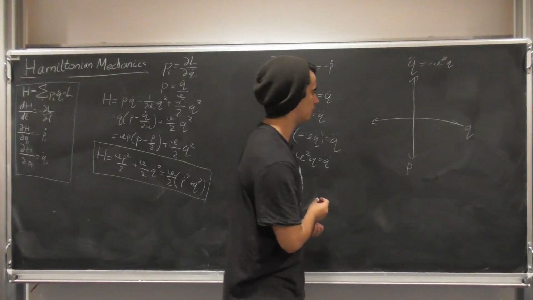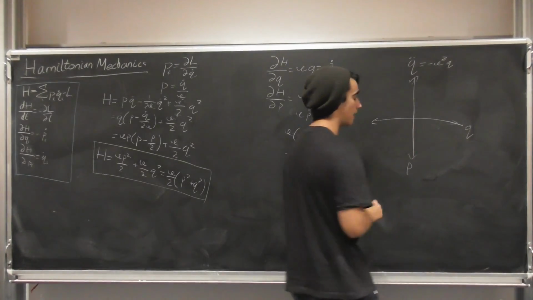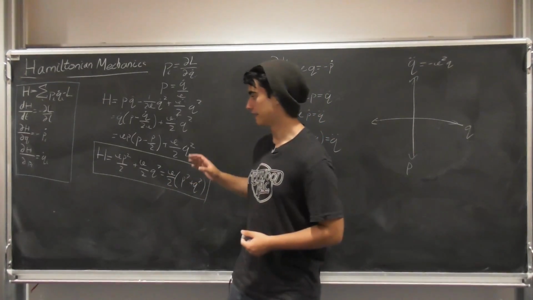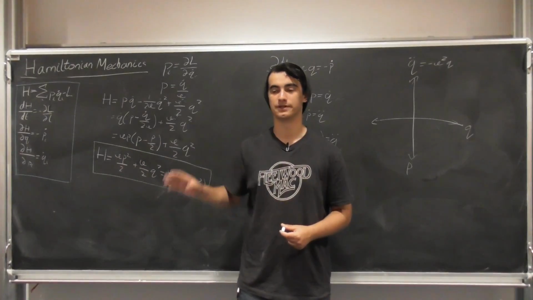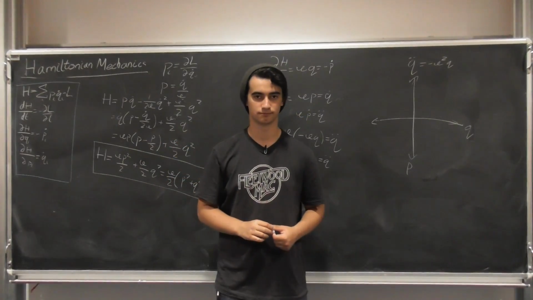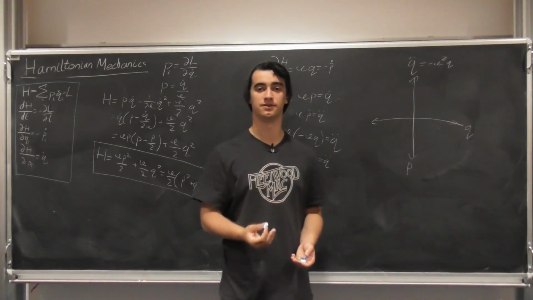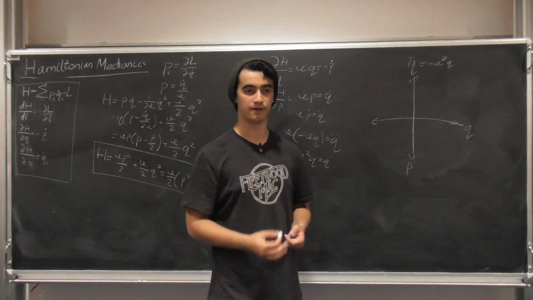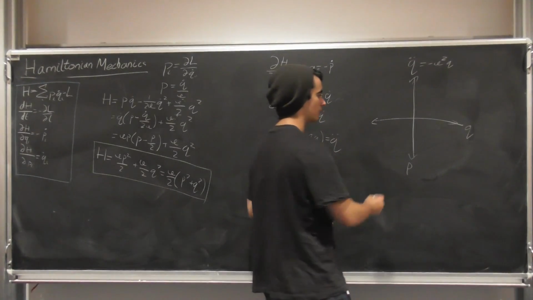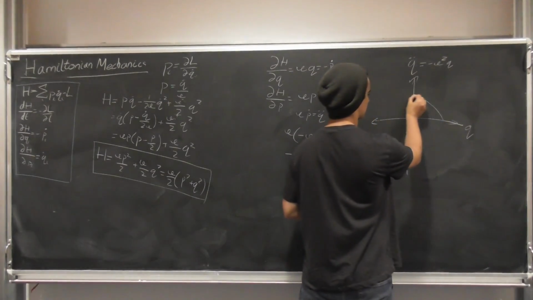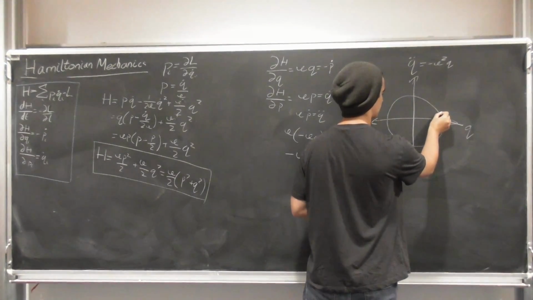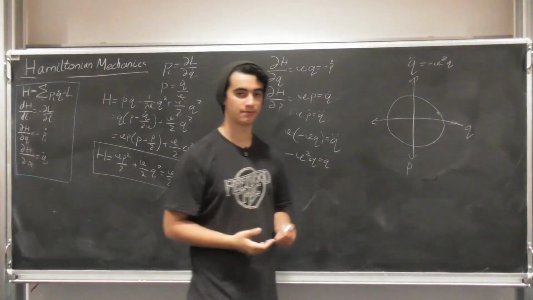In reality, the fact that our Hamiltonian, our energy, is conserved will guarantee that this just moves in a circle, because remember there's no explicit time dependence on the Lagrangian. So this just moves around in a circle in the phase space.